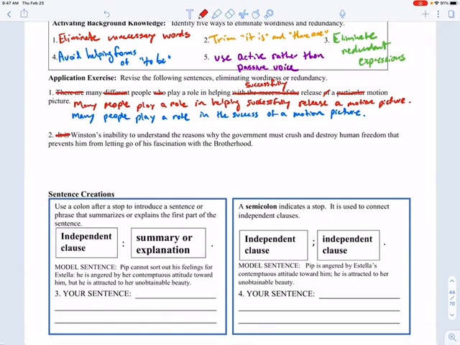Do I see any other redundant expressions, unnecessary words, passive voice? Understand the reasons why. I think I can eliminate the reasons. And doing that, I can eliminate "that." And that would make it "prevent."